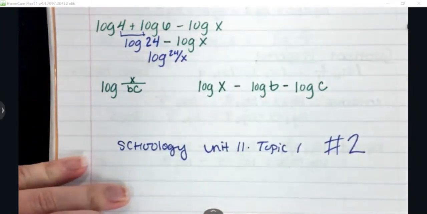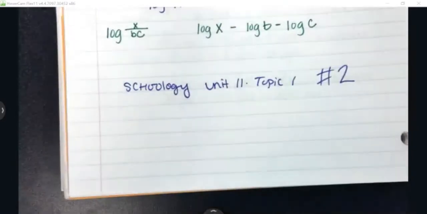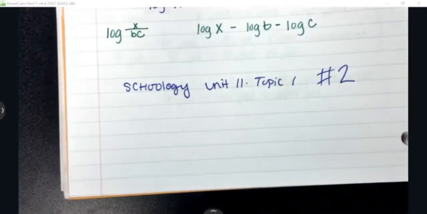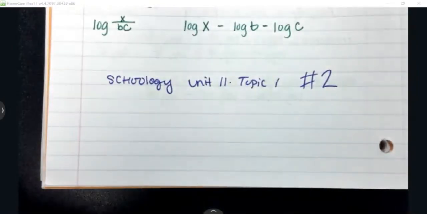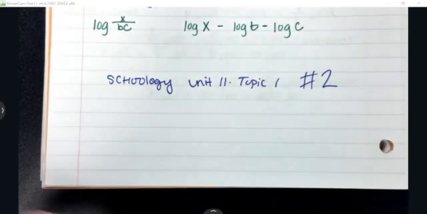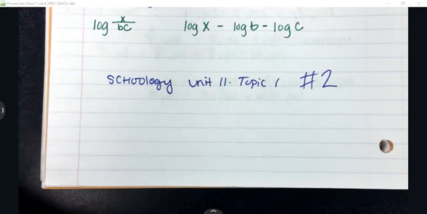Tomorrow, we're doing a mixed practice, like a quiz review, okay? So I need you to get through the logs the best you can today so that tomorrow we can do a mixed practice. Don't forget you also have homework that is due tomorrow at 11:59 p.m.